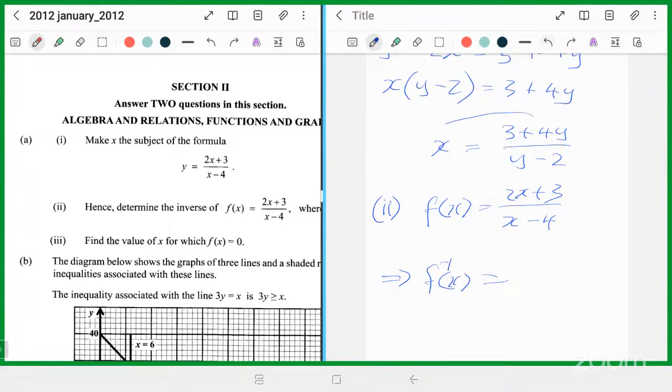Because if you have this and you're trying to form the inverse, you turn this into y and turn these into x's, which is the inverse, right? So you basically just write this back and put x in those places where the y is. So it becomes 3 plus 4x over x minus 2. That is the inverse. So no calculation needed for that.